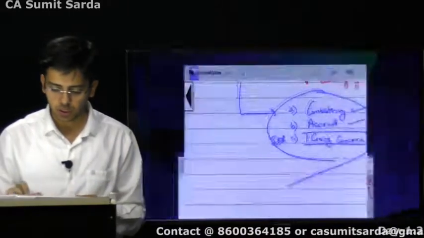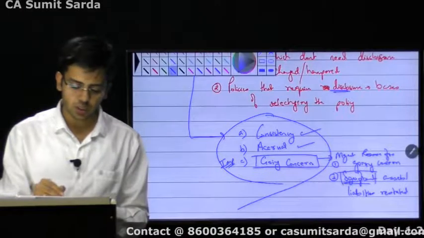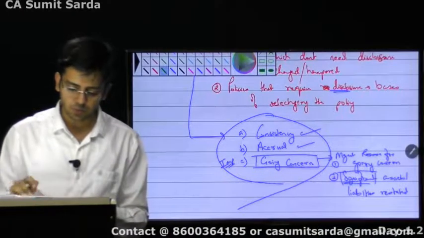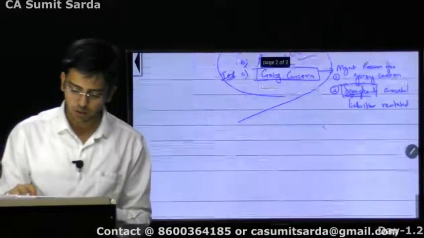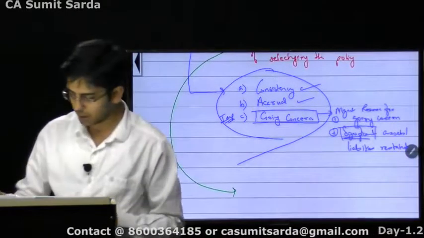So we will move towards the second aspect, policies that require disclosure. What are the bases on which we decide that the disclosure is required to be given? Okay, so we can move ahead with another 3 points.